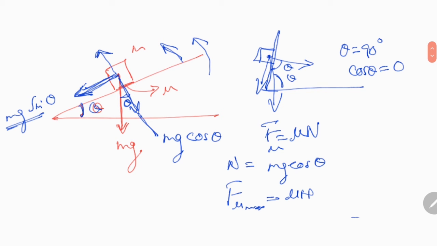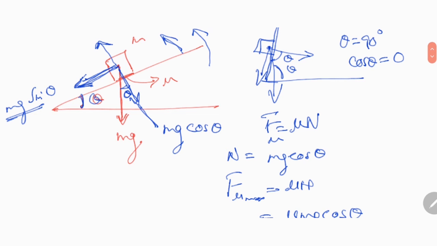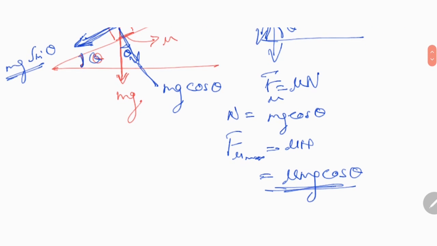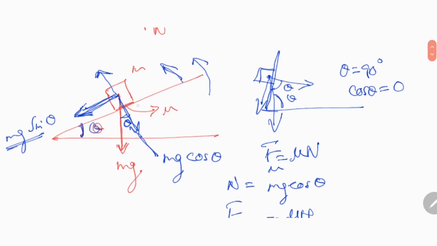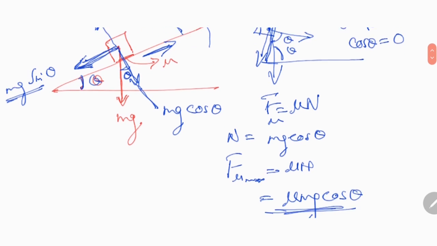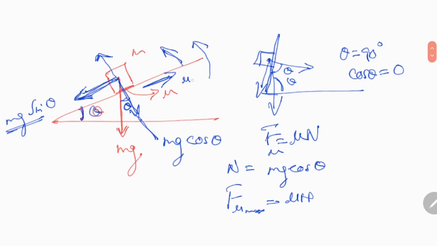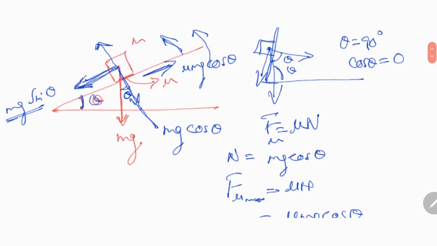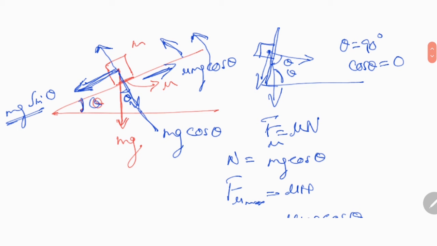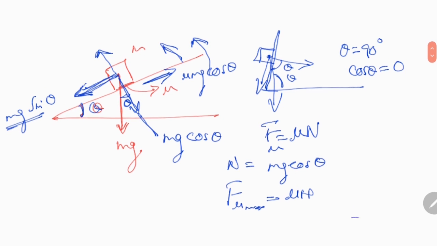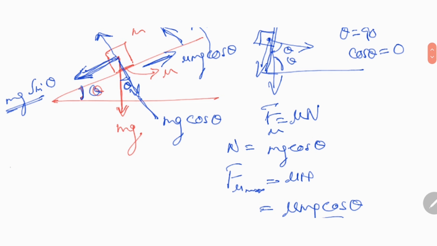The maximum frictional force that we calculated is mu mg cos theta, acting in the opposite direction, trying to resist the motion. So at the limiting case, when you increase the angle, at some theta the body starts sliding downwards. And that will happen exactly when mg sin theta is equal to mu mg cos theta.